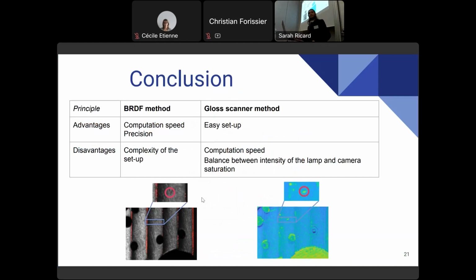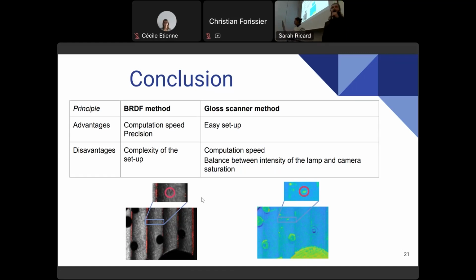And the expectation is, for example, to be able to scan many pieces. And is there any idea to speed up the computation?